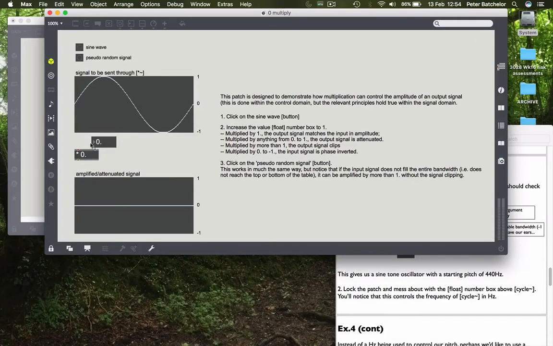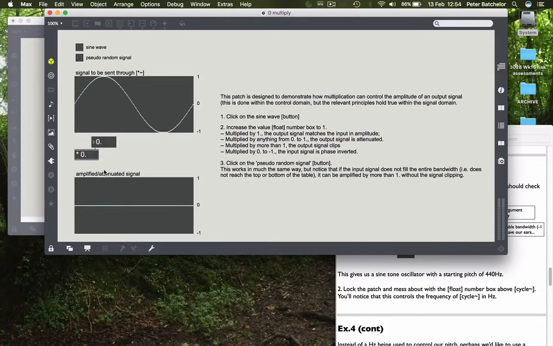And if we multiply it by 0, so this is our original signal that's being generated by the cycle object. This is our output. And when I'm amplifying by 0, then each one of these samples is being multiplied by 0. So 0 is being multiplied by 0, which gives us 0. 0.01, for example, is being multiplied by 0, which gives us 0. 0.02 is multiplied by 0, which gives us 0, and so on.